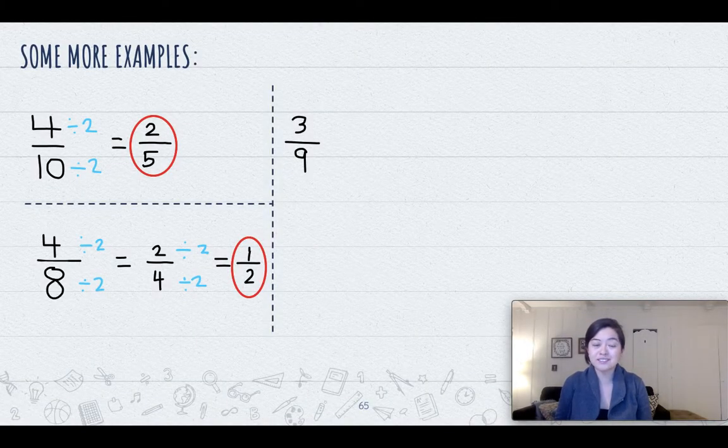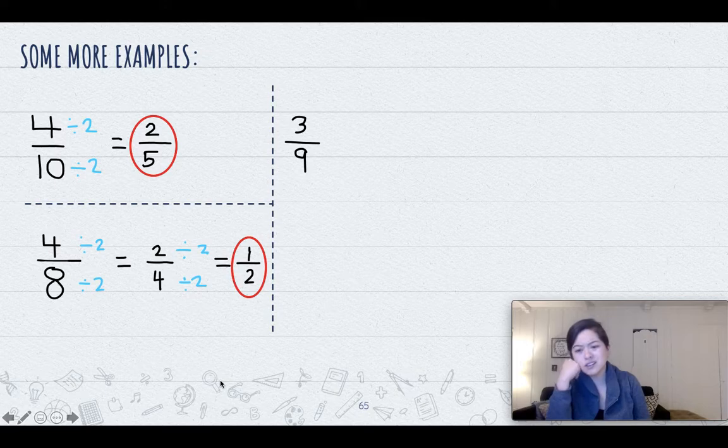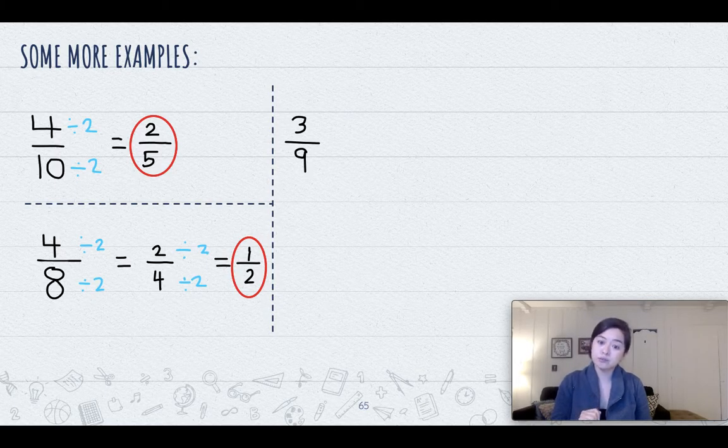Here's one more example. Look at this new fraction here. It's 3/9. Can you think of a number that we can use that's the same number to divide the numerator and denominator by? I thought about 3. Let's divide the numerator and denominator by 3.